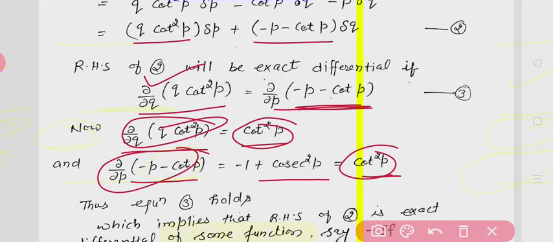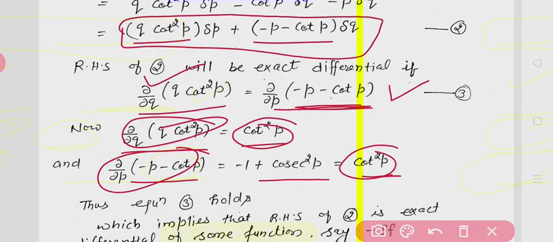If these are same, so that means the equation 2, right hand side, will be the exact differential of some function, and I call that function minus of delta f. So I call this exact differential minus of delta f.